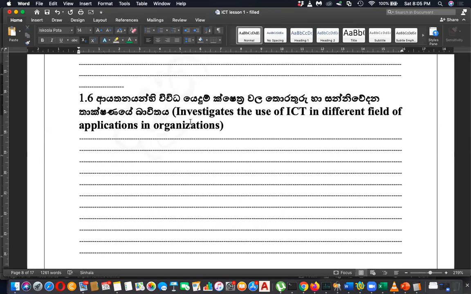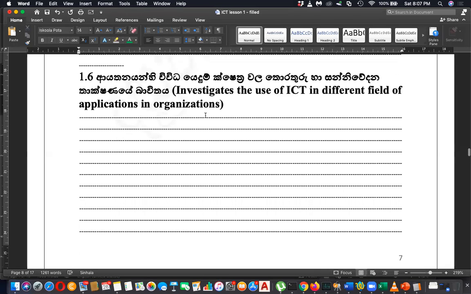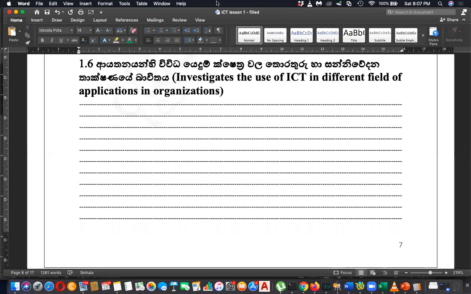Now the last topic for this lesson is where computers or ICT are used. Rather than giving information to you, I would like to ask you: where is ICT used?